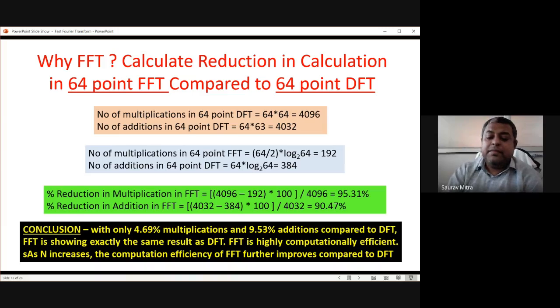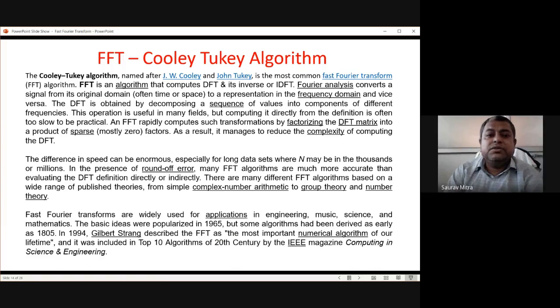So this is an amazing invention which was made by Mr. Cooley and Tukey, and they got many prizes and awards because of this. This is one of the most widely referred algorithms across electronics and communication and other branches also. It has innumerable applications.